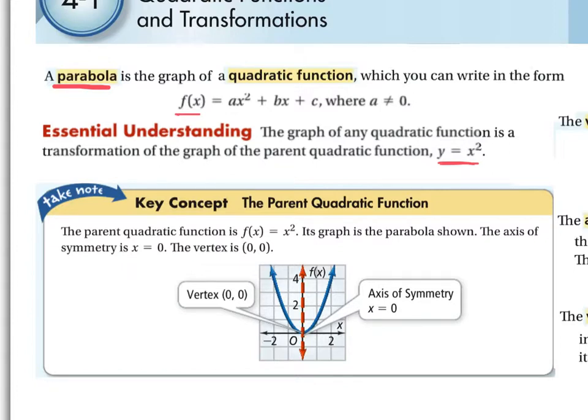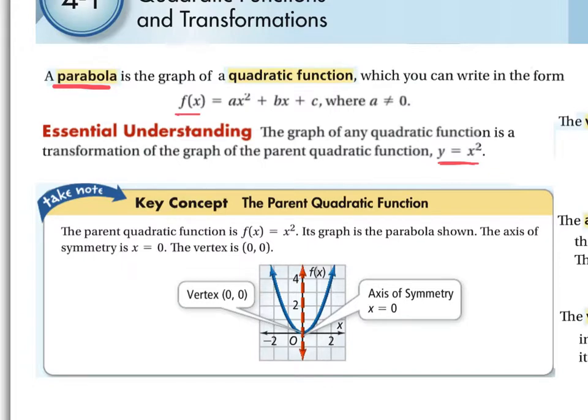So whatever is over here on the right side gets reflected over to the left side. We have a vertex. The vertex for the parent function is 0, 0, just like it was with the absolute values. And then the axis of symmetry is x equals 0.